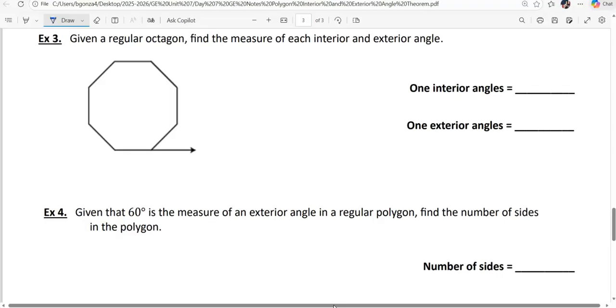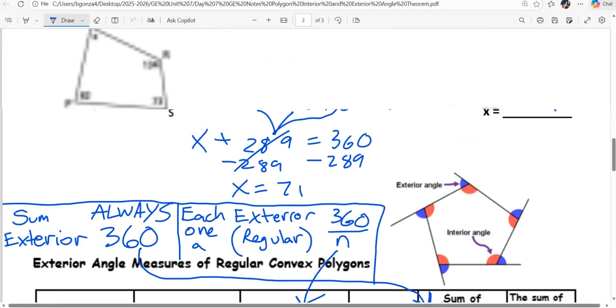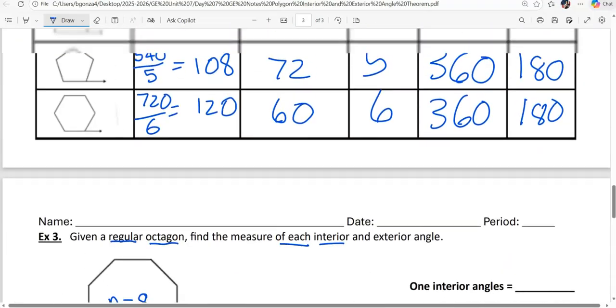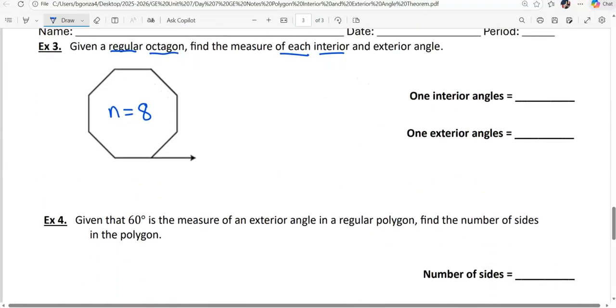What shape is this? First of all, it's regular and it's an octagon. N equals 8, right? What are we looking for? Each interior. Let me remind you where we wrote that down. Right here on the right side, okay? Each interior. It's this ugly fraction, n minus 2 times 180 divided by n. So let's do that, okay?